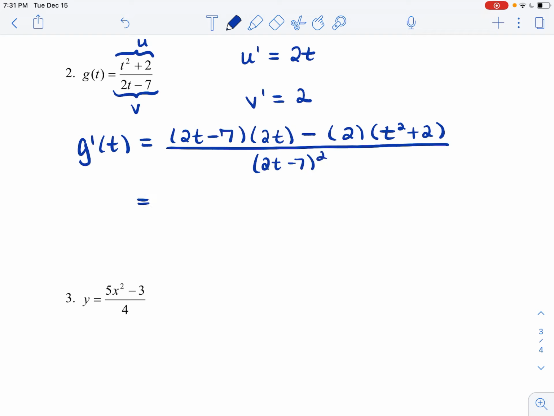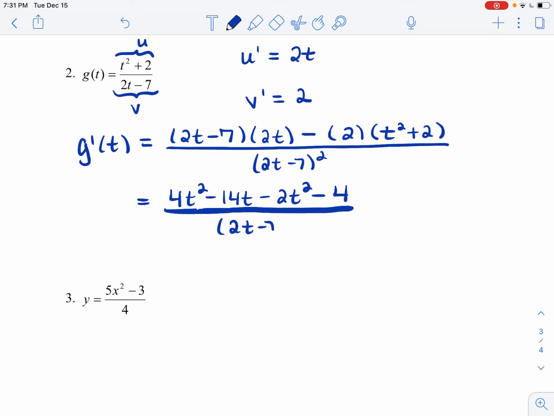So now let's simplify this a bit. 4t squared minus 14t minus 2t squared minus 4 all over 2t minus 7 squared. And we'll take this one step further to simplify the numerator. 2t squared minus 14t minus 4 over 2t minus 7 squared.